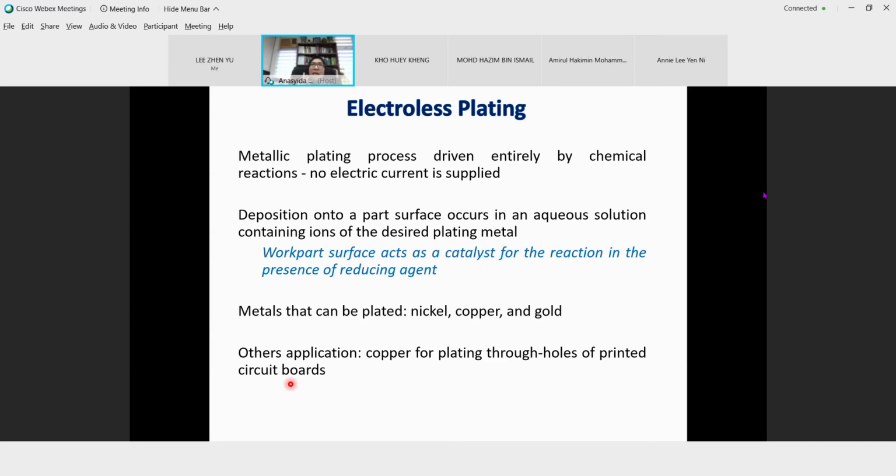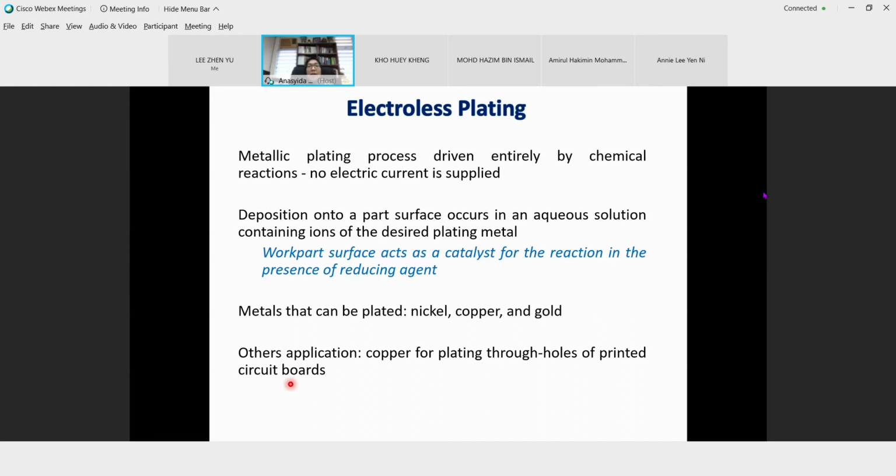But in industry, normally for electroless plating, they will say, okay, I want to plate nickel and phosphorus. So they will tell the supplier they want this and this. So the supplier will design everything for them and give them one solution. So they will use that. But in research, we have to find out because we want to find a novelty.